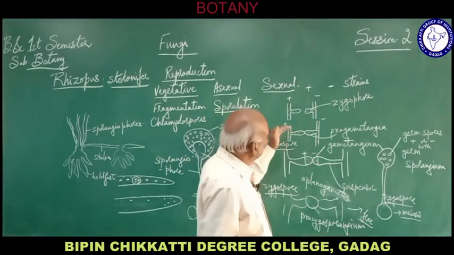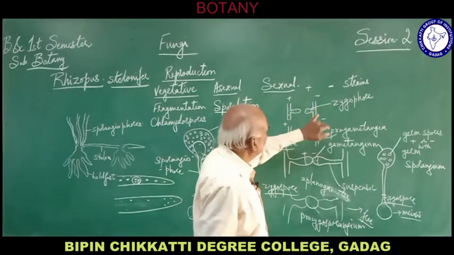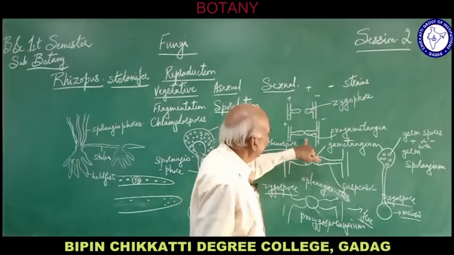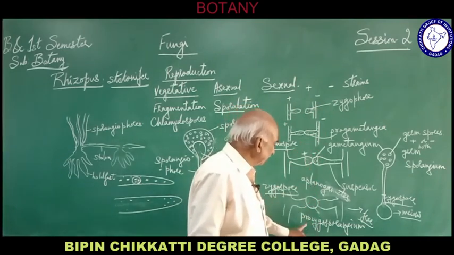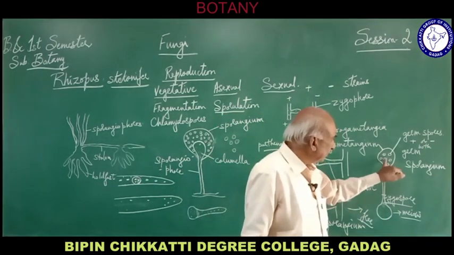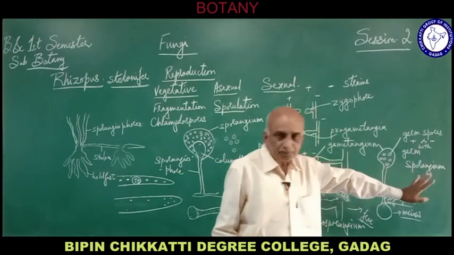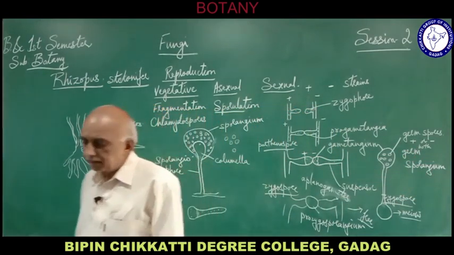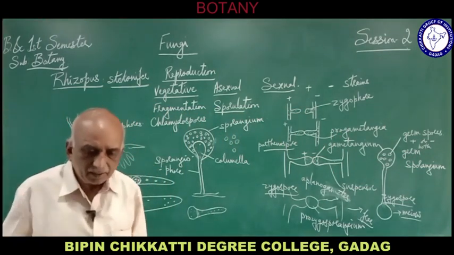So that is how the sexual reproduction takes place, by plus and minus strain producing the zygophore, progametangia, gametangia, aplanogametes, fusion to form the prozygosporangium, then the zygospore. Zygospore produces the germ sporangium, germ spores of both or one type of spores, and these germ spores further develop into an independent mycelium.